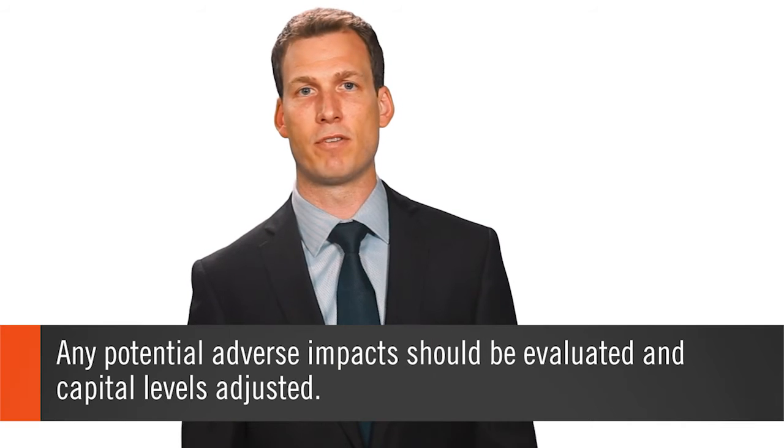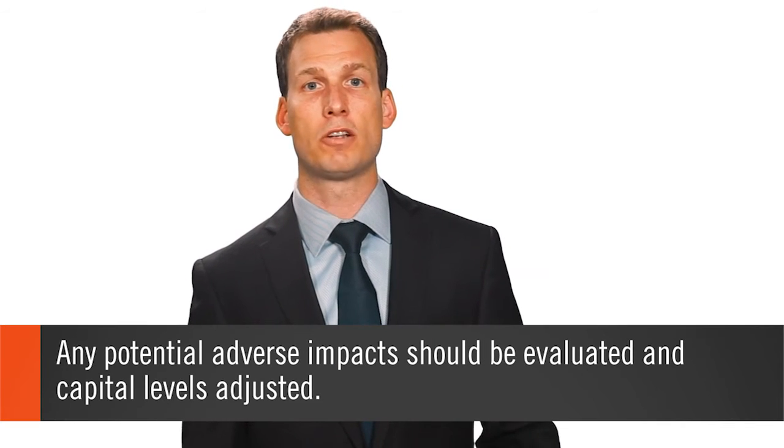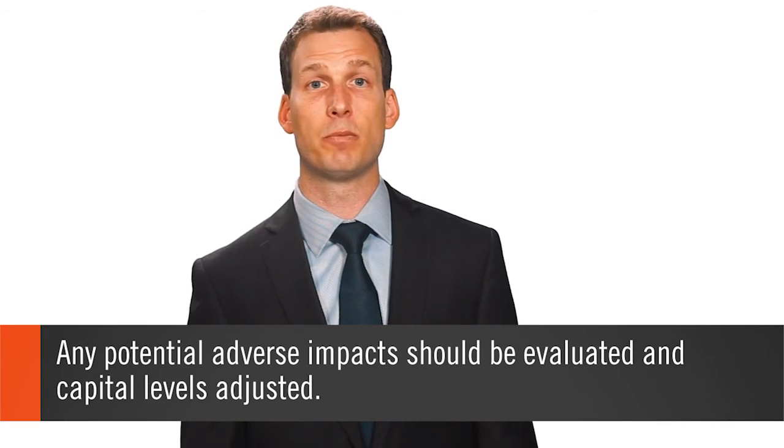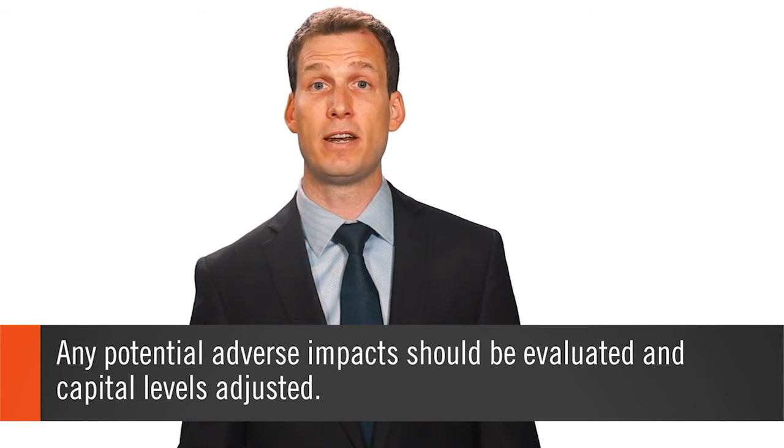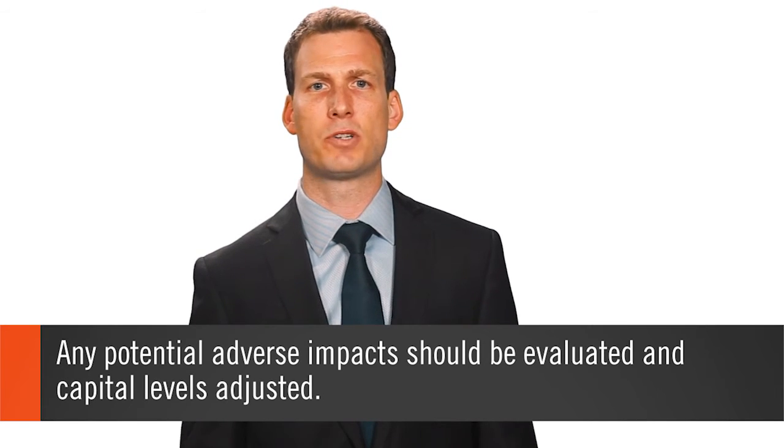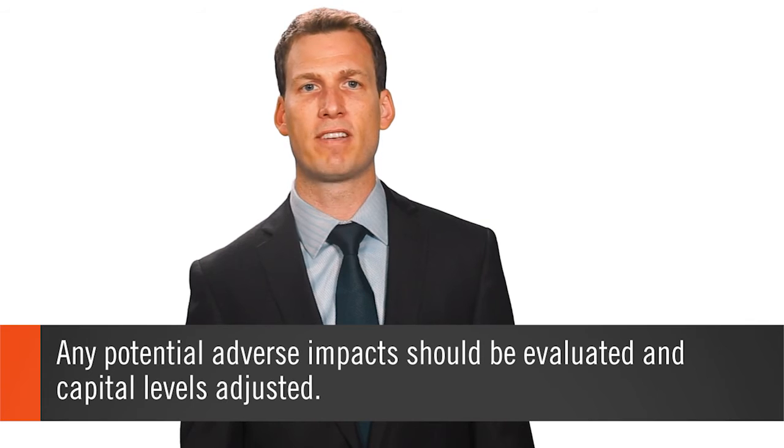Any potential adverse impact on earnings, loan loss reserves, and capital revealed by the stress test should be evaluated, and the bank should take whatever steps are necessary to maintain a level of capital that is commensurate with its risk profile. Remember, the whole point of stress testing is to determine whether the bank has sufficient capital to survive a variety of potential adverse events so that it can strengthen its balance sheet accordingly.